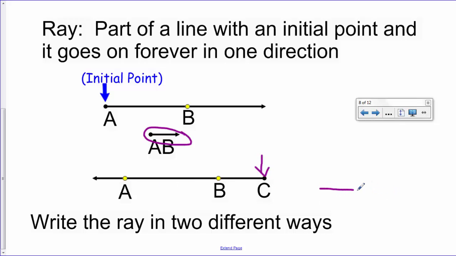When I write it, I typically use the same symbol that I used before. That would mean pointing to the right. So be careful when you write this. This would be ray CB, or we could also name this ray CA.